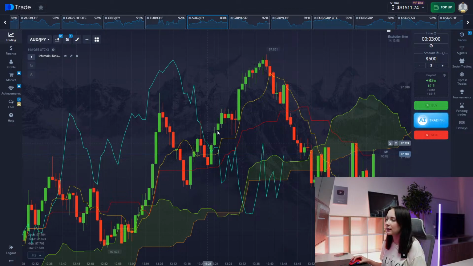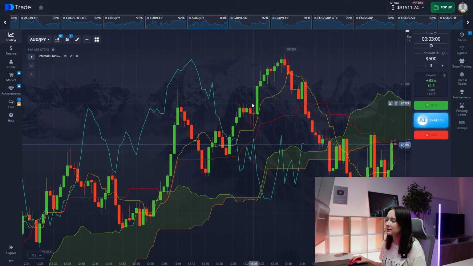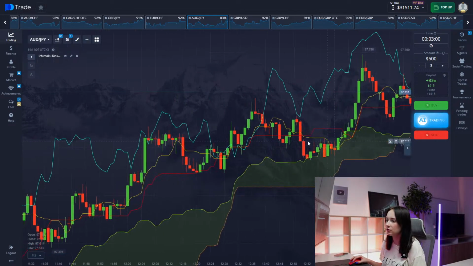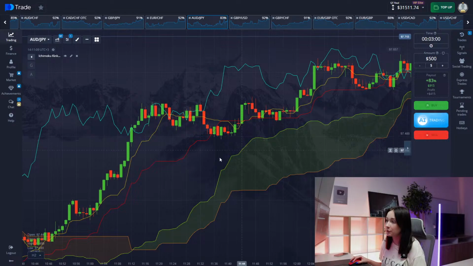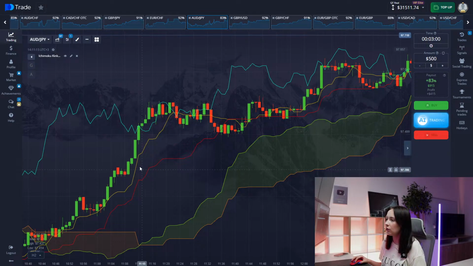If your main currency pair chart lies above the cloud, like here, that means overall you're opening a buy position. For example, here it's really evident. So when your main chart lies above the cloud, you're opening overall a buy position.